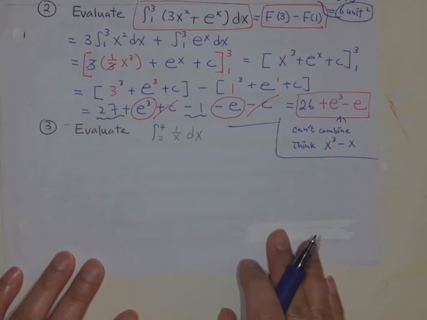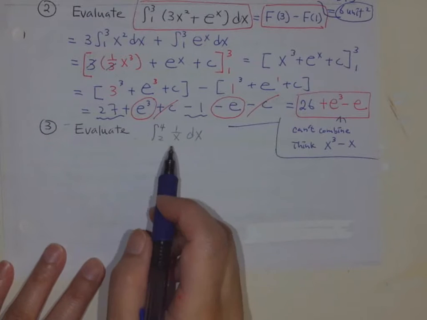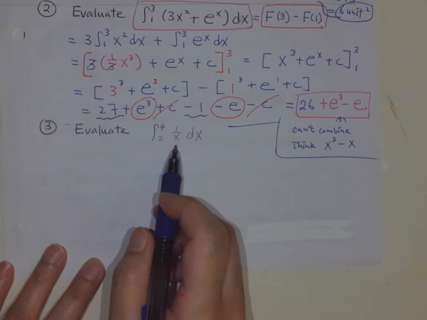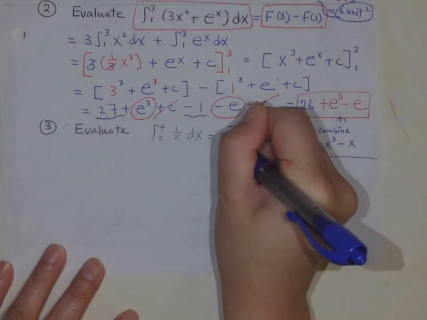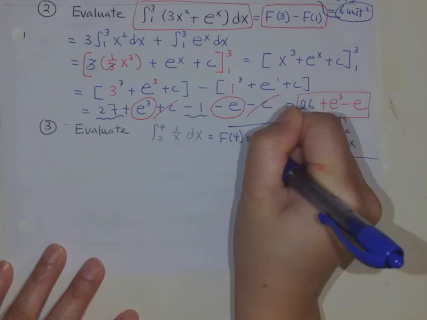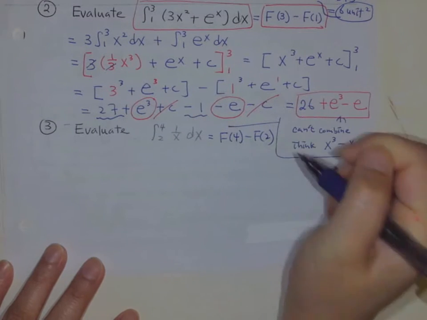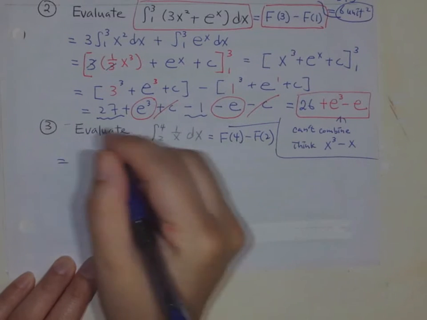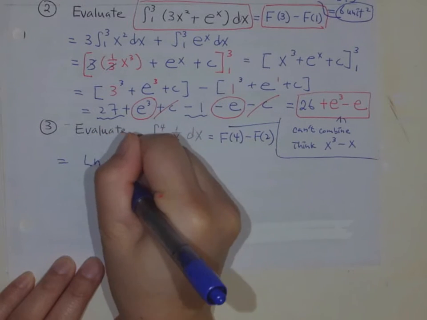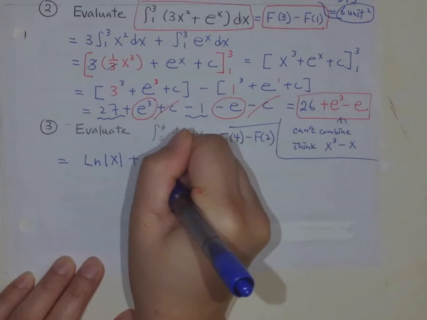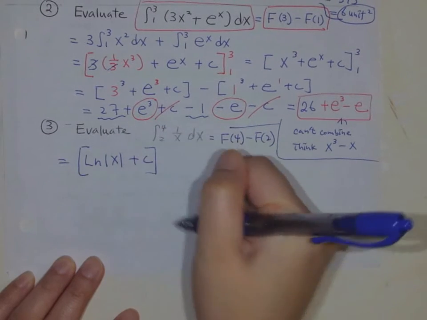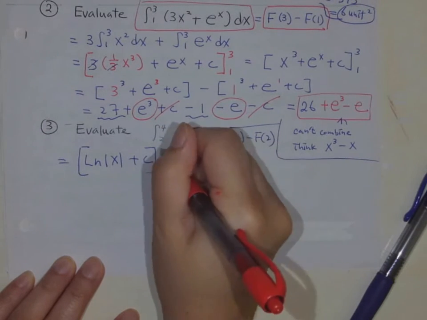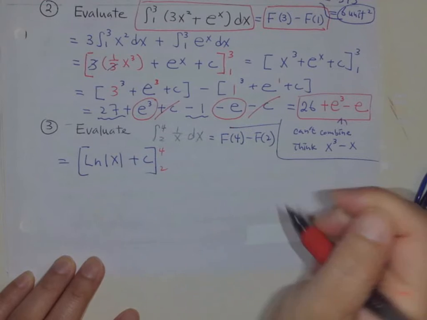Let's do another one. So 1 over x, do you remember what that is? Again, this is the antiderivative of 4 subtract the antiderivative of 2. 1 over x is the special guy. This is going to be ln of x plus c. After you take the integral, you don't need the integral sign, but you will write 4 and 2 here to remind yourself.